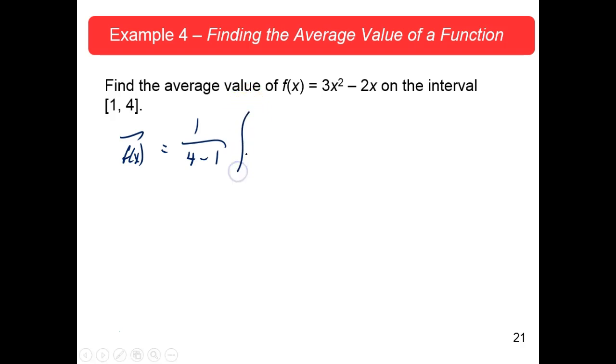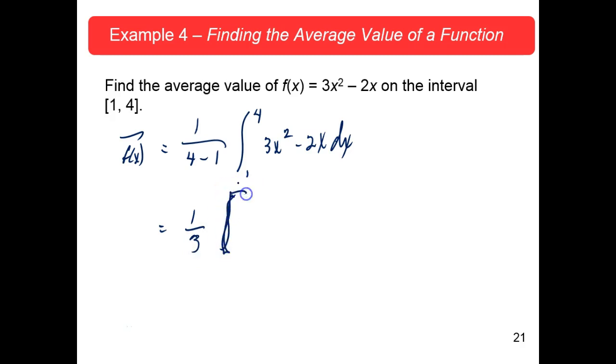The integral from 1 to 4 of 3x squared minus 2x dx. That doesn't look like it's going to be too hard to do. What's 4 minus 1? Easy part. 3, so 1/3.